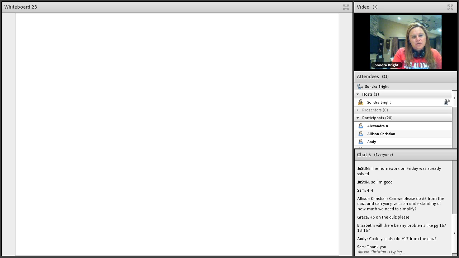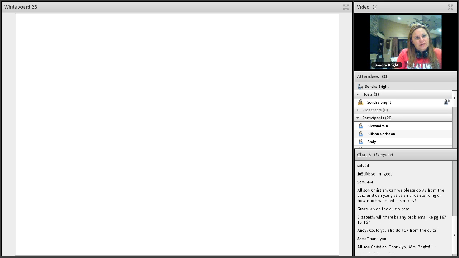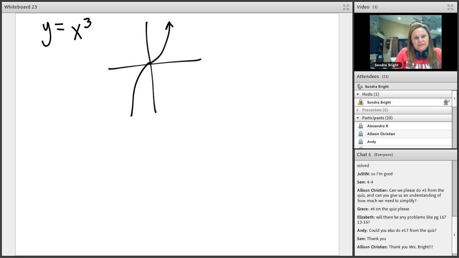Okay, I want to show you one thing real quick before I do this. If I have the graph y equals x cubed, let's say, it is a swimmer stroke going up like this, right? And let's say this point right here is (2, 8). The tangent line would be right here.